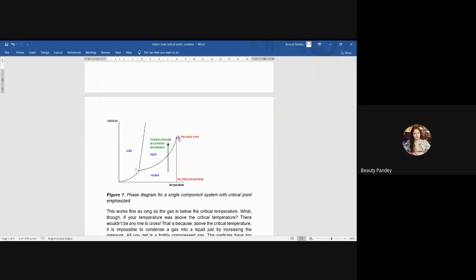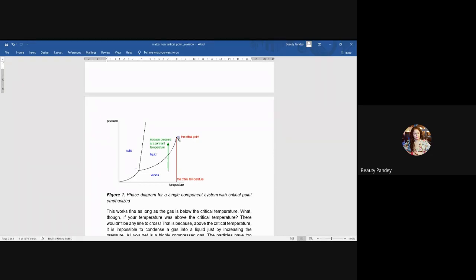It is not possible to differentiate between the two. Either it is a very condensed vapor, or a very compressed vapor, or a very expanded liquid. So it becomes very much interchangeable at the critical point.